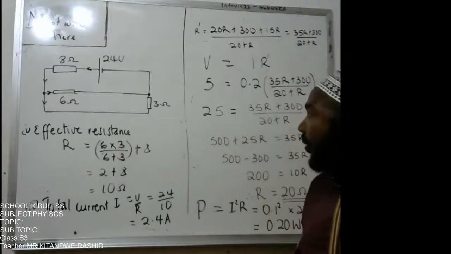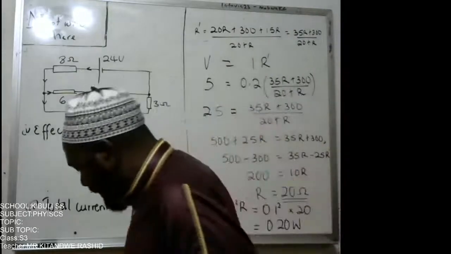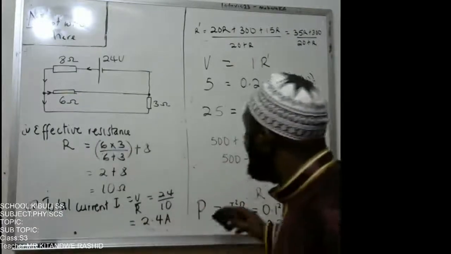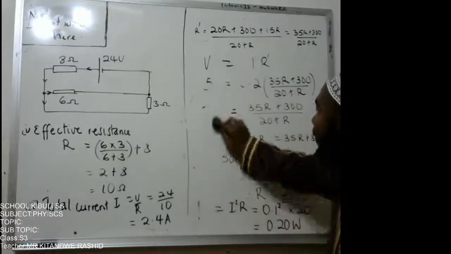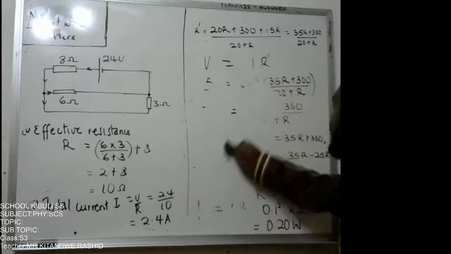So now, to get the current through the 3, there are two approaches.